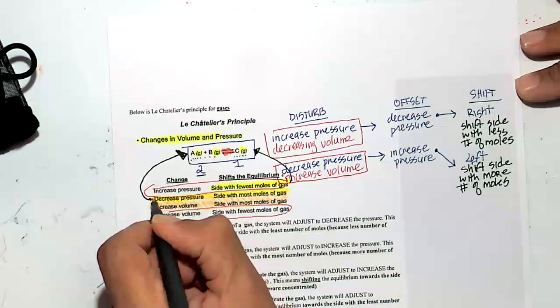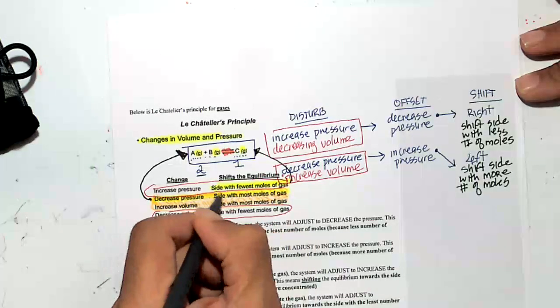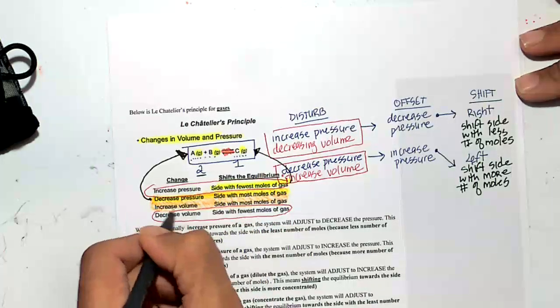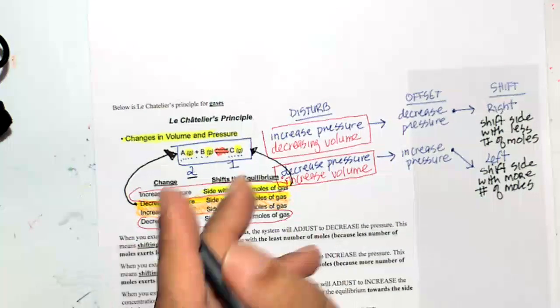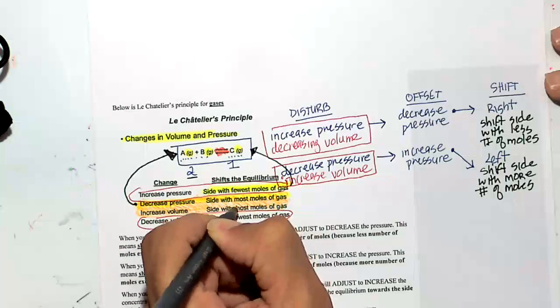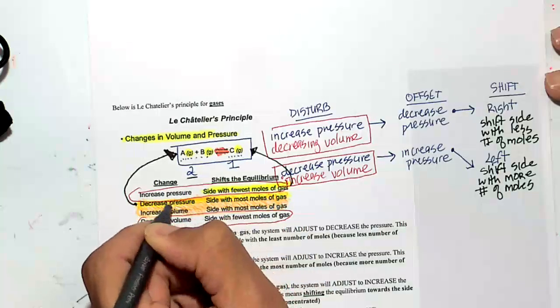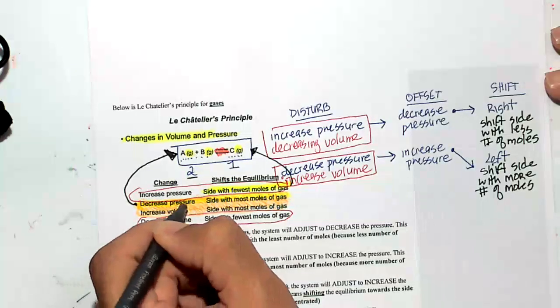This is because of one of the gas laws known as Boyle's law. These things in orange are one and the same. Pressure and volume are inversely proportional: low pressure, high volume; high pressure, low volume.